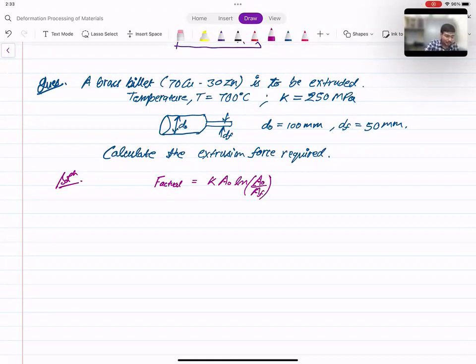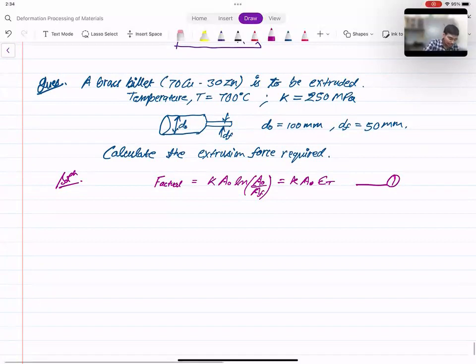Or we can say that it was nothing but K times A naught into true strain. Okay. So we will be using this equation only, and here we know the value of K, we know the value of A naught since we know D naught. So basically we need to calculate the true strain and substitute all the values here.